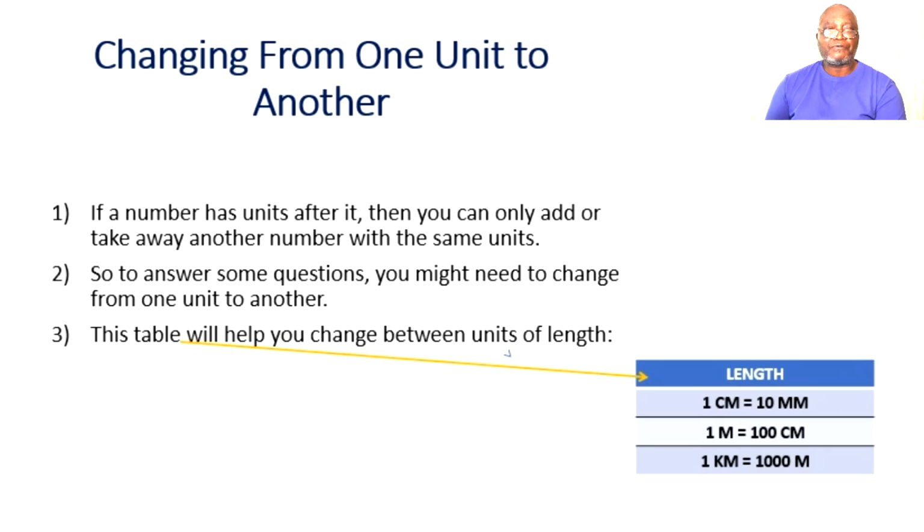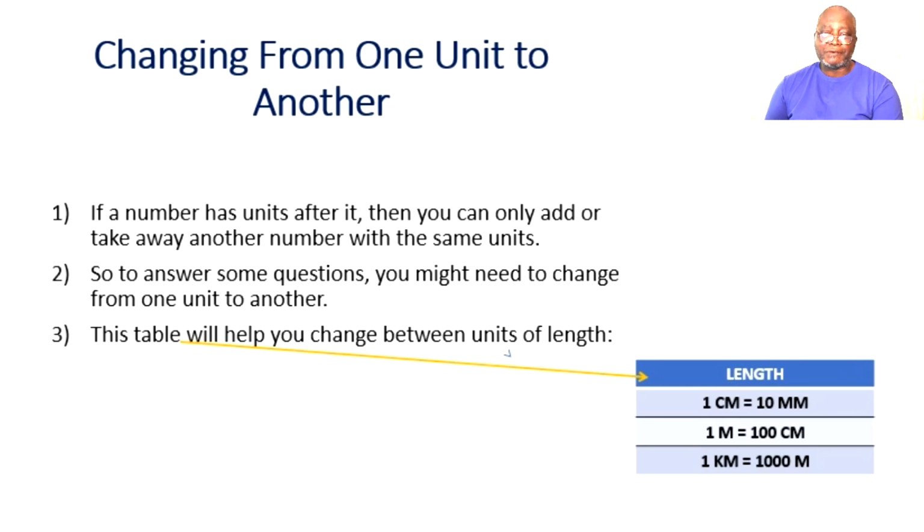Now let's see how to change from one unit to another. If a number has units after it, then you can only add or take away another number with the same units. If you look at the little table at the bottom of the screen, it gives you some relationships. 1 centimeter is equal to 10 millimeters. 1 meter is equal to 100 centimeters.